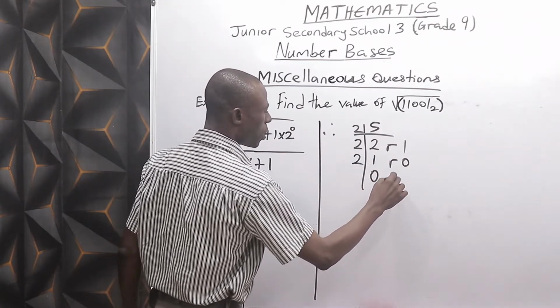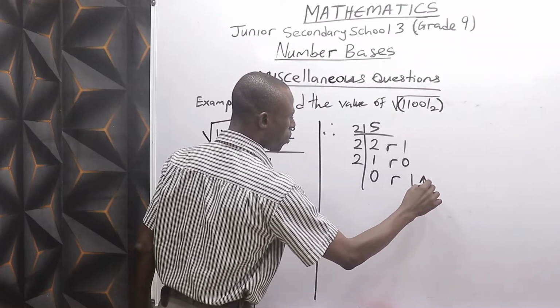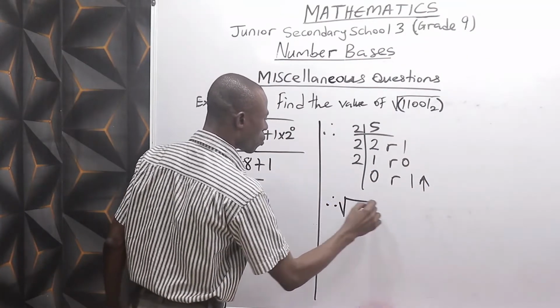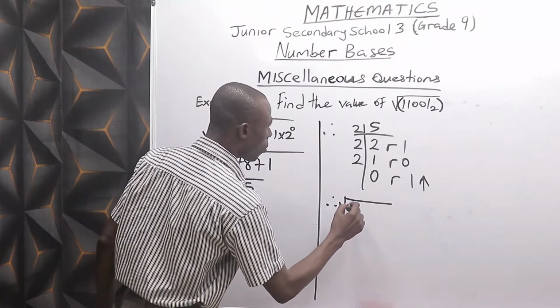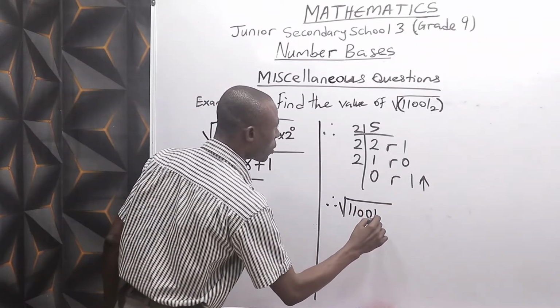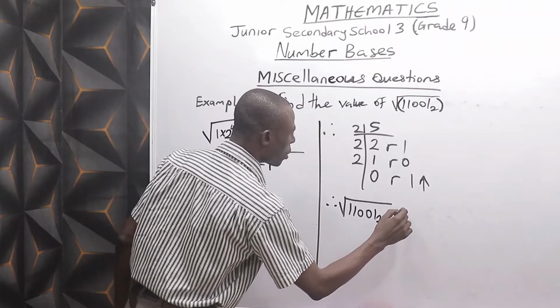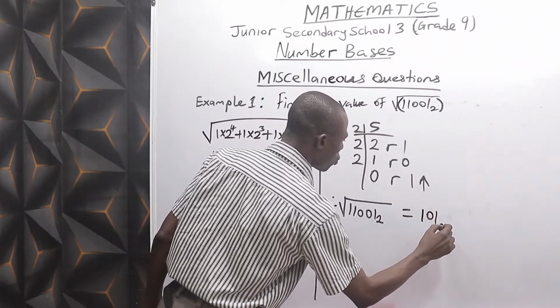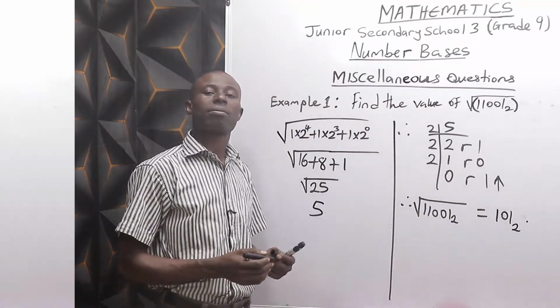Put 0, say remainder 1. Pick your answer from the bottom. Therefore, the square root of 11001 base 2 is equal to 101 base 2. And that is it.